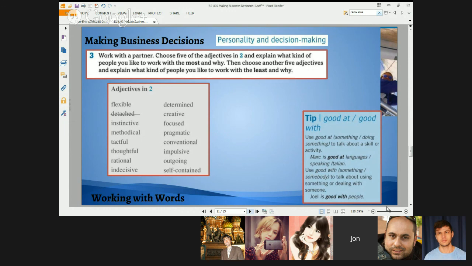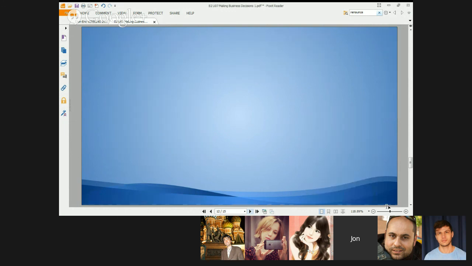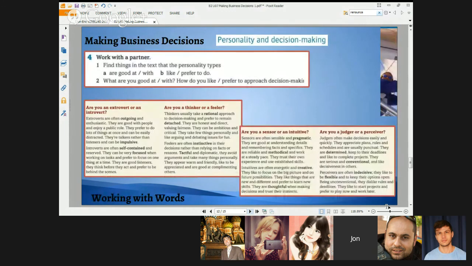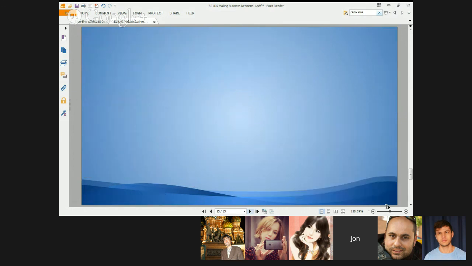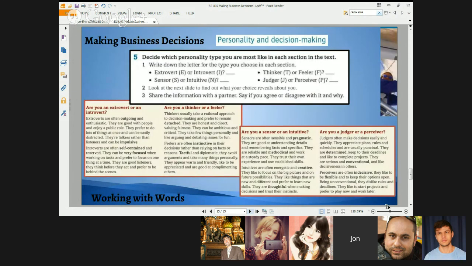I think we're at the end of the hour, but look, maybe I can ask you to try this on your own because it's a little bit long. It says to go back through the text and find different personality types, right? But hang on just a second here. That's not the one I want. Oh, here it is. To decide which personality type you are most like in this section and write down the letter.